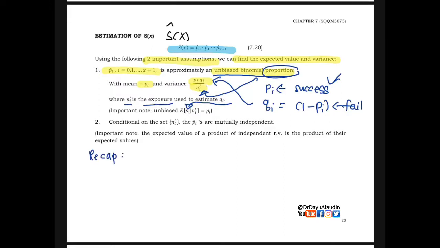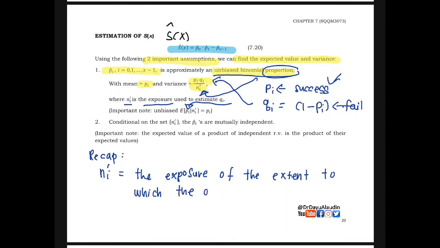As a recap, in the previous subtopic, Ni is the exposure, the extent to which the group is exposed to the risk of dying.